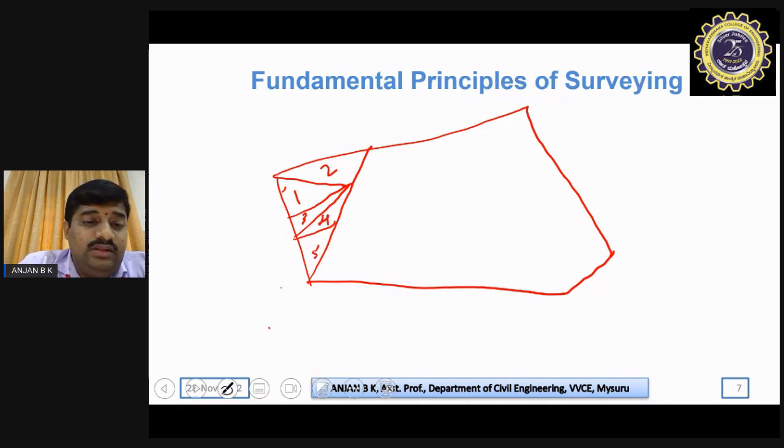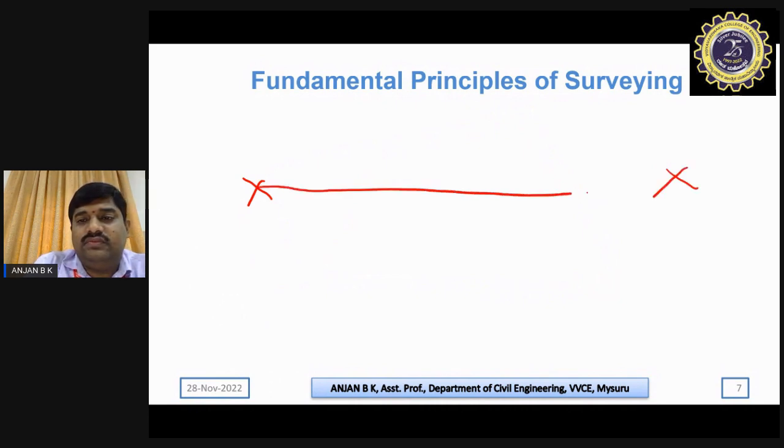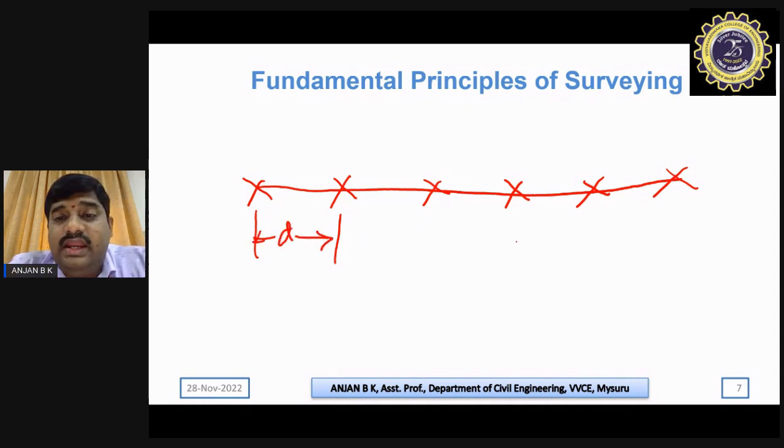For example, if you take a line whose total length cannot be measured in a single stretch, we identify intermediate points, find the distance between each pair of points, and add all the distances to get the total length of the line. This is called whole to part.